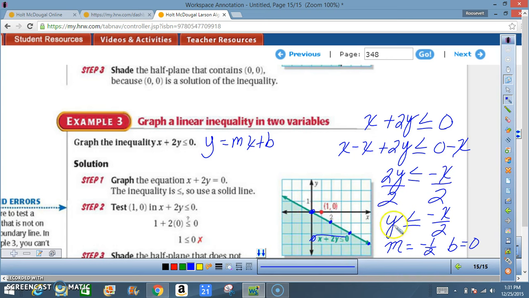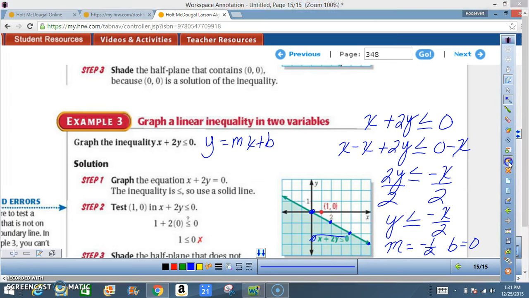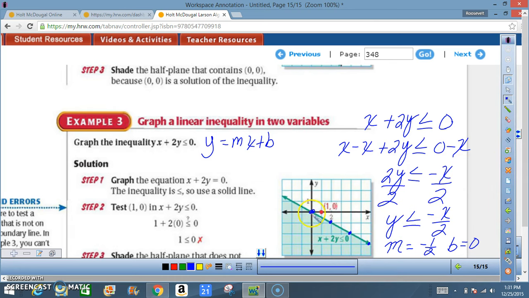So therefore, if I were to ask you if 0, 0 is a solution, you would say yes. Okay, and that concludes example 3.